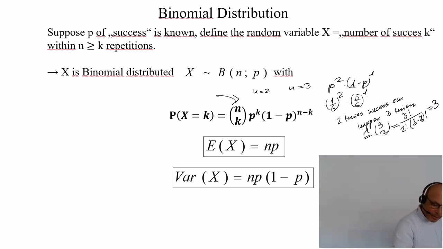So this is the number of ways k successes can happen.